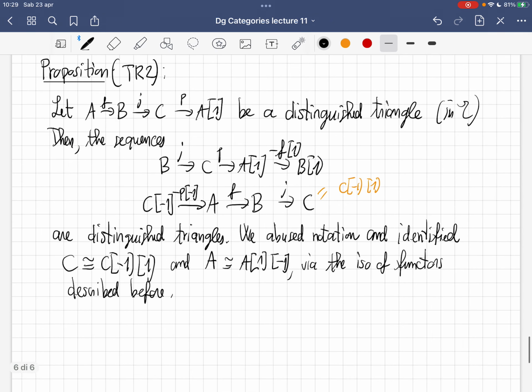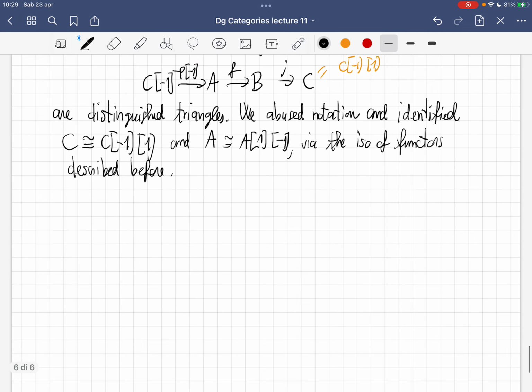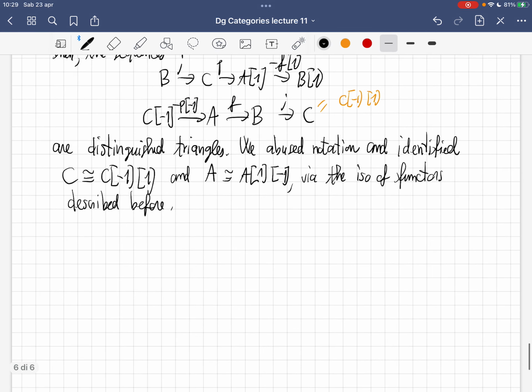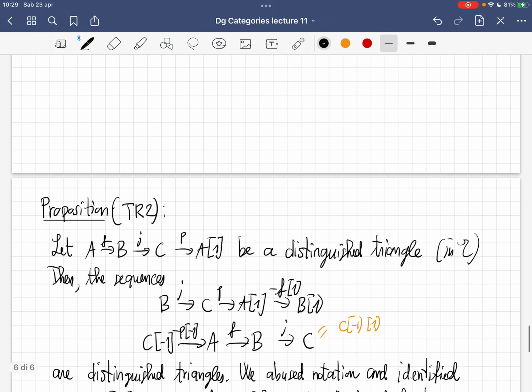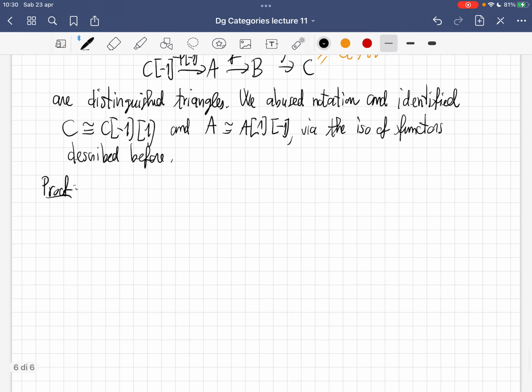So what we are going to do: it is a distinguished triangle, but we can build some pretriangle in any case, which is this one. First of all, the proof. We have this distinguished triangle, but we know that distinguished triangles are, up to isomorphism, coming from pretriangles.